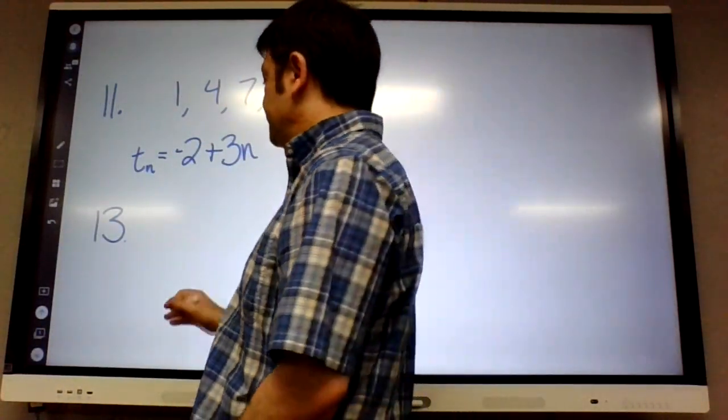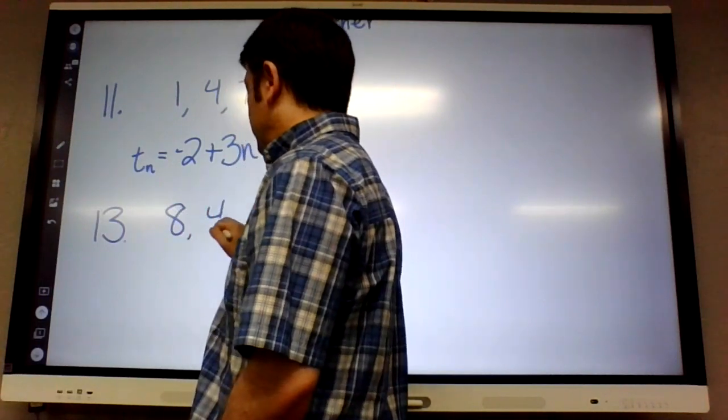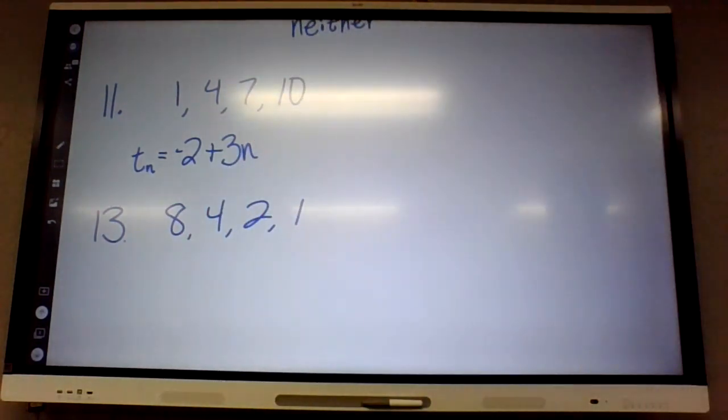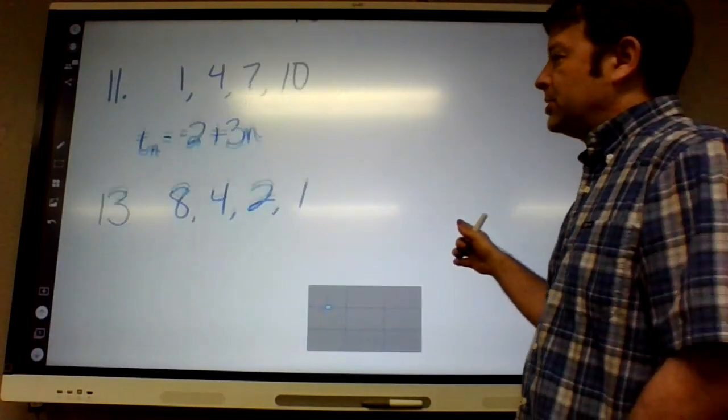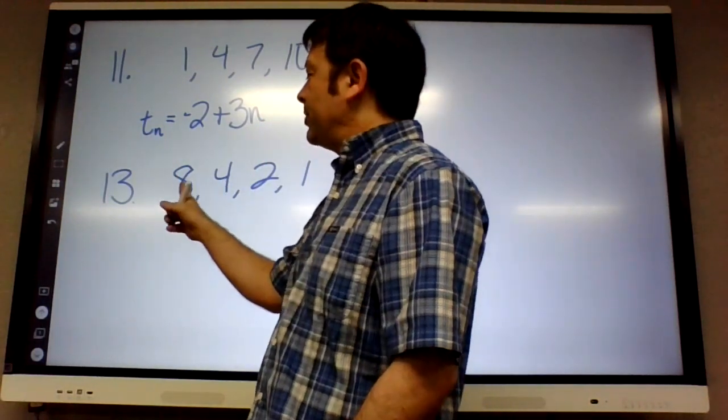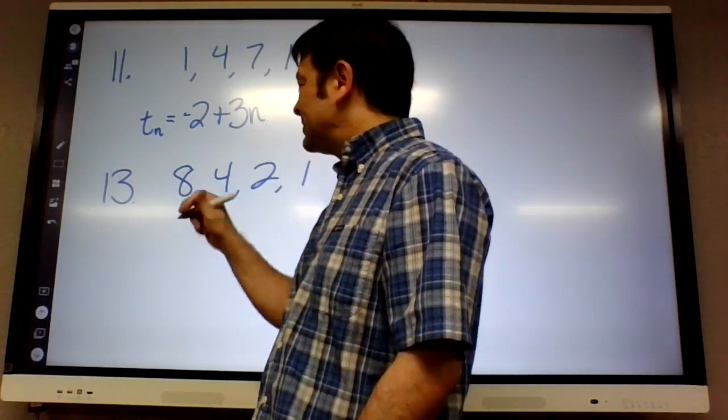8, 4, 2, 1. All right, what's the pattern on that one? How do we get from 8 to 4 to 2? Yeah, divide by 2. So, to go in reverse, what would have come right before the 8? 16.